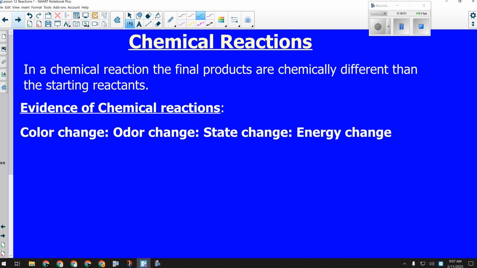So, in a chemical reaction, the final products are chemically different from the starting reactants. They contain the same elements, but they're chemically different. They have somehow been separated, joined, or rearranged. Okay? So, super important to recognize that is always, always true.